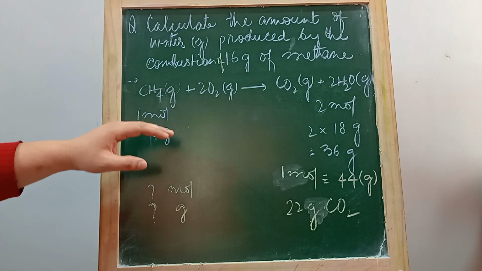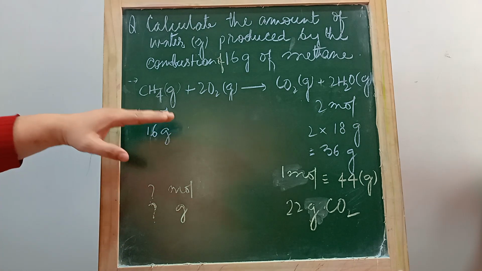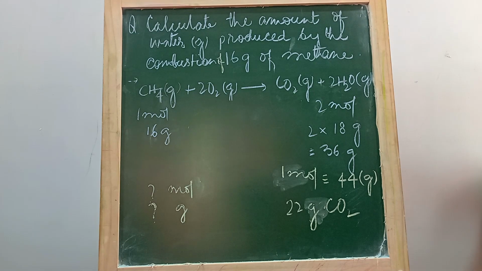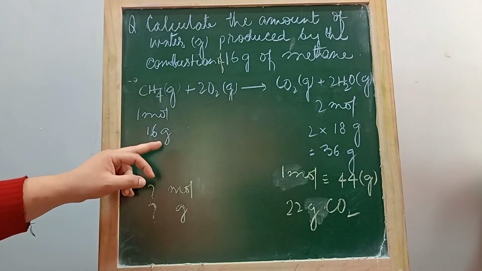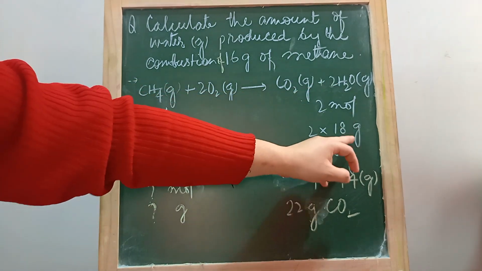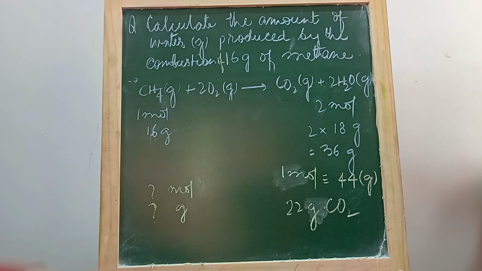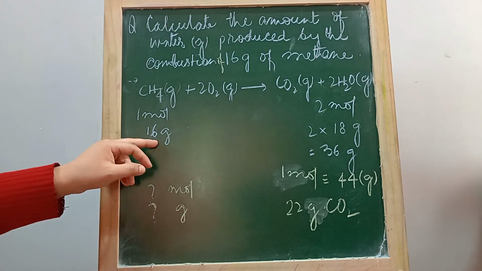So now what we are doing is, when we burn 1 mole of methane, 2 moles of water vapor are formed, right? And converting it into mass, that is molar mass. Methane molar mass 16 gram, water's molar mass is 18 gram. 2 times 18 gram, 1 times 16 gram. So how do we get this?